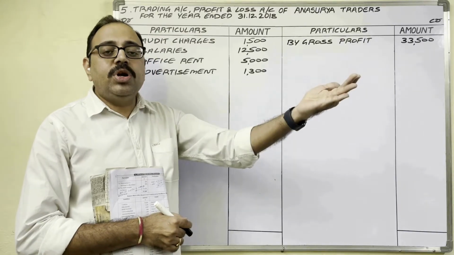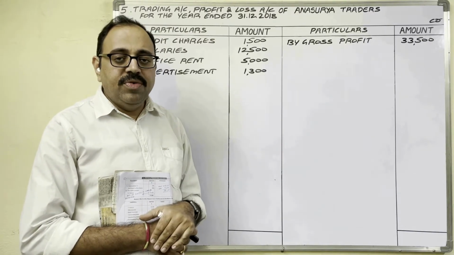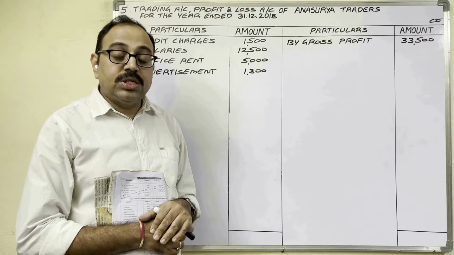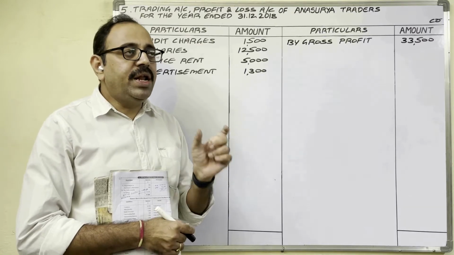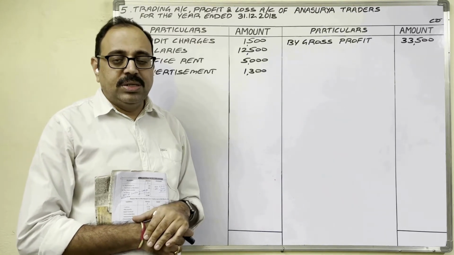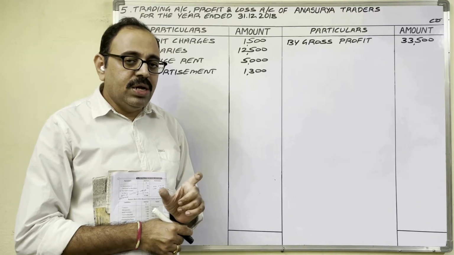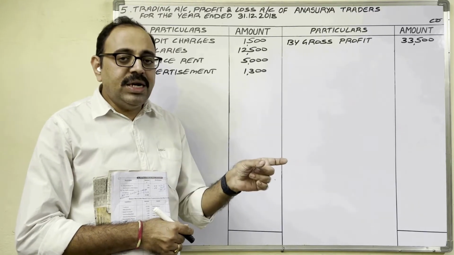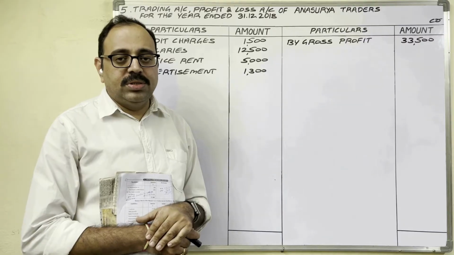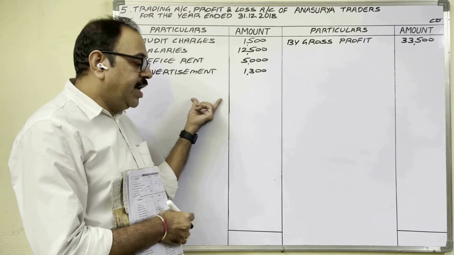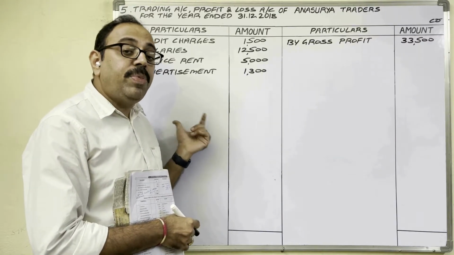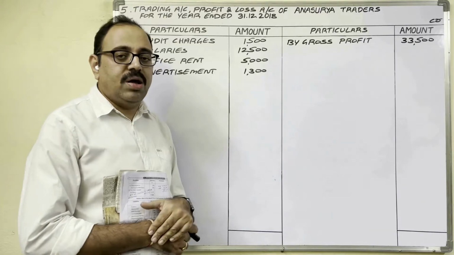If any next year amount is included in current year amount, we have to subtract that. Suppose he has given rent paid in advance as an adjustment. It is not adjusted in rent account. Therefore, in inner column rent amount we should write minus paid in advance, remaining amount in outer column.